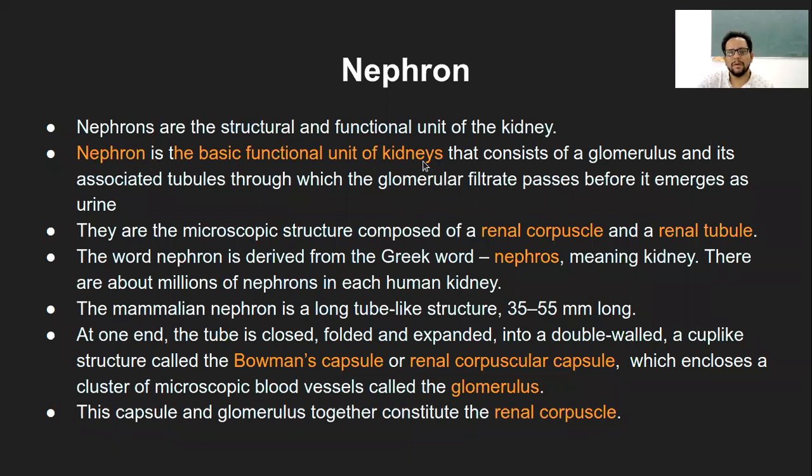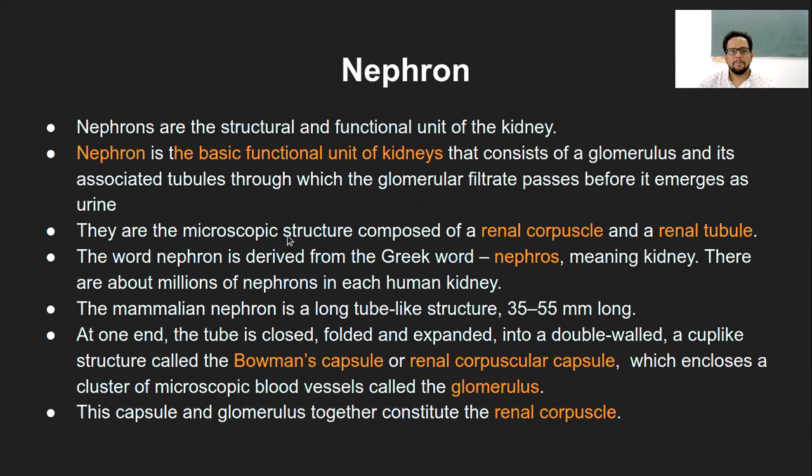That means whatever is squeezed out of the blood in terms of plasma, that is water and nutrients, will be passing out before it emerges as urine. So at the later stage of the nephron, this same filtrate will emerge, or will be excreted, as urine.